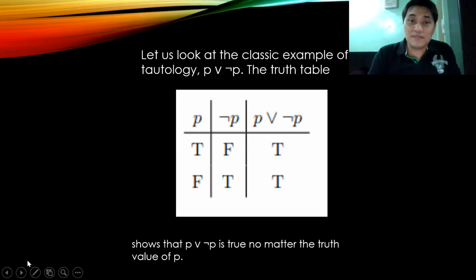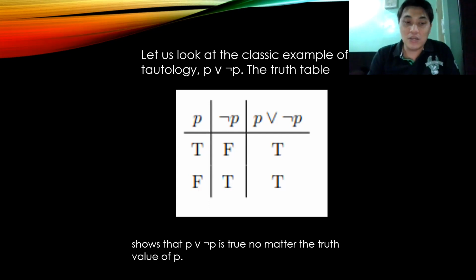This tautology, called the law of excluded middle, is a direct consequence of our basic assumption that a proposition is a statement that is either true or false.